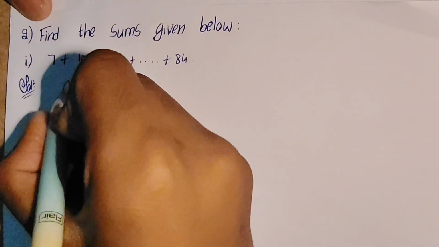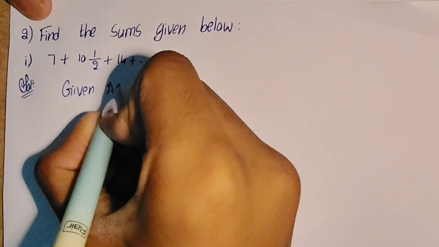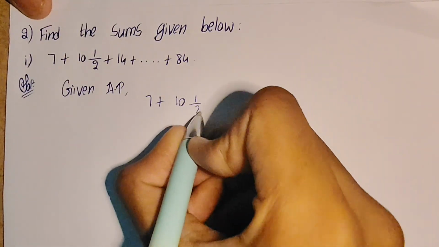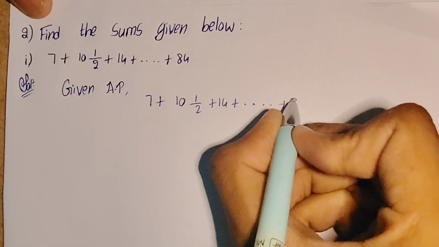So the given AP is 7 plus 10 and a half plus 14 plus and so on plus 84.